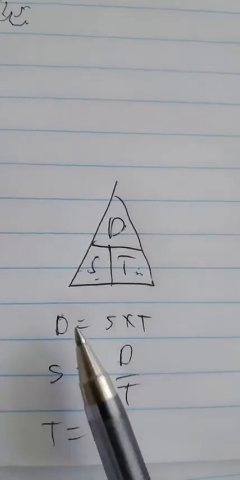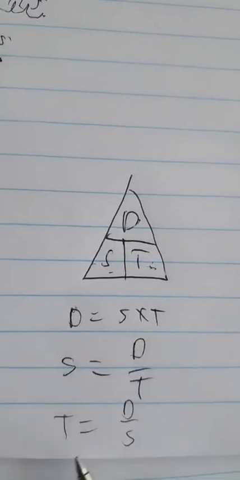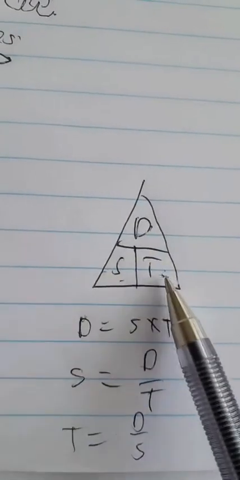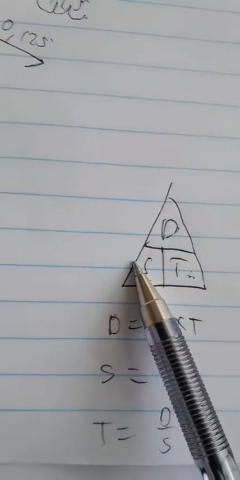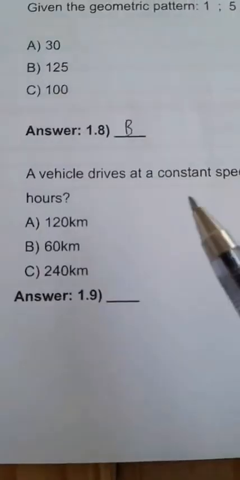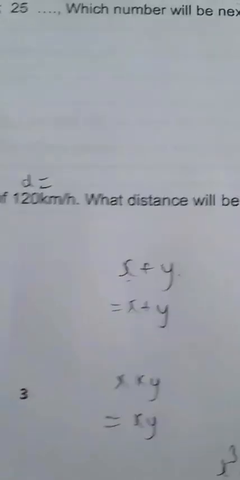So these are the formulas. Thank you, RD. As you can see, D is equal to S times T, S is equal to D over T, and T is equal to D over S, where you hide T. Now here, what are we required to find? We have time. What distance will be covered in 2 hours?